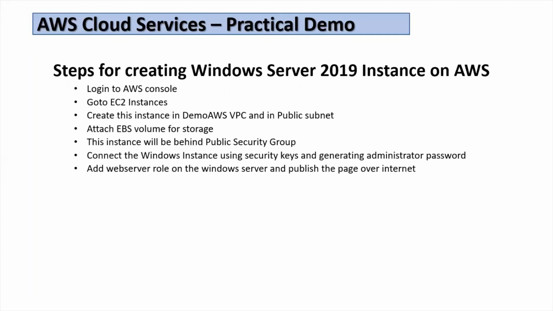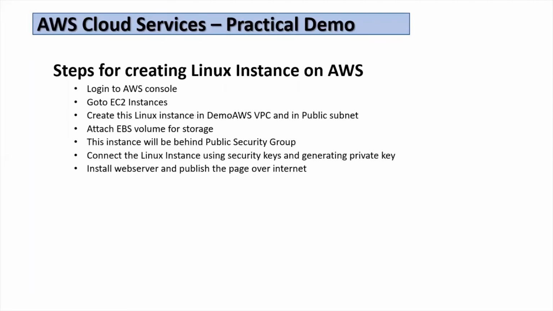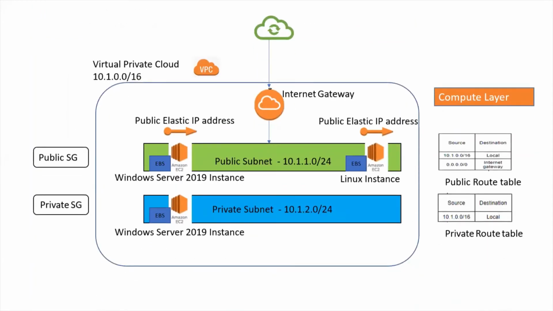In the second part, we will create a Windows server and then a Linux instance. This is the diagram we will come up with. That was the previous network architecture, and in this we will install one Linux instance and one Windows instance, and another Windows instance in a private subnet.